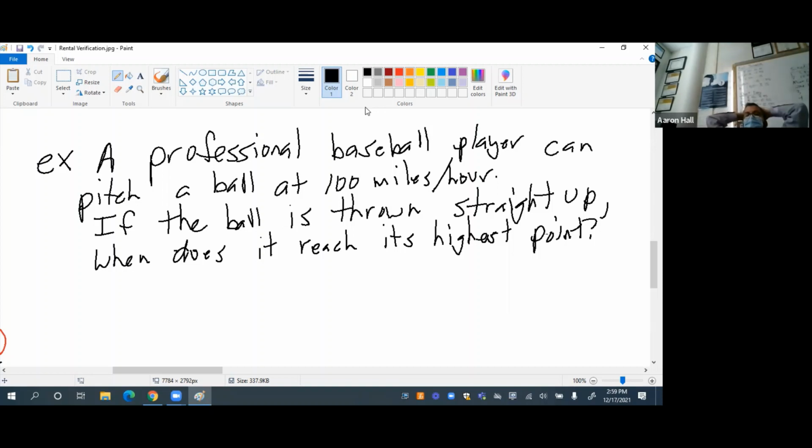If the ball is thrown straight up, when does it reach its highest point?